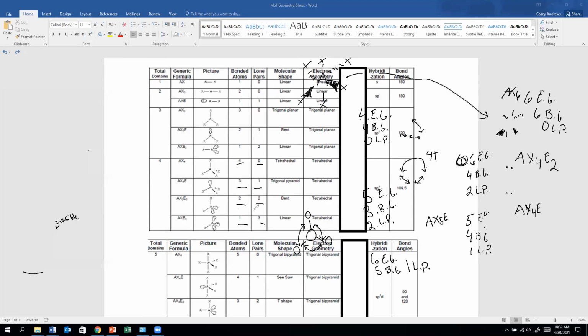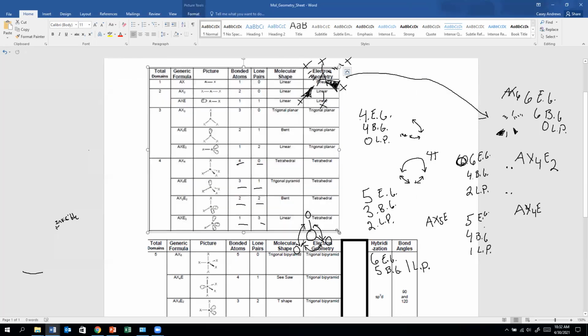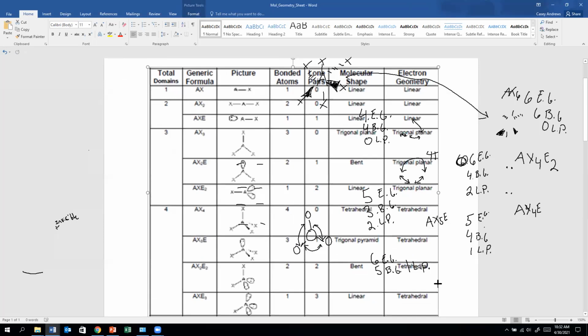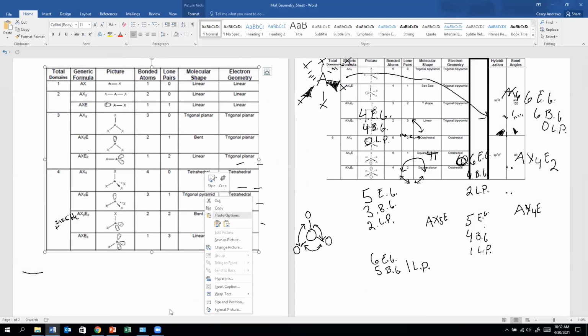AXE3, well, that's just saying 3 lone pairs, which are those. But yeah, I'll try and find another table, because we actually don't need that stuff. So that's still a little blurry. Yeah, I'll see what I can do about that then.